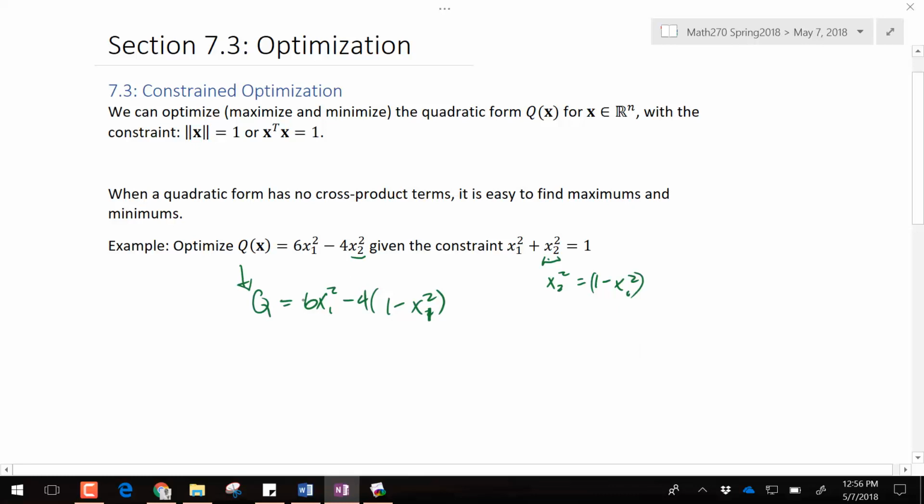And if we're solving for this, what are we going to get? 10x1 squared minus 4.